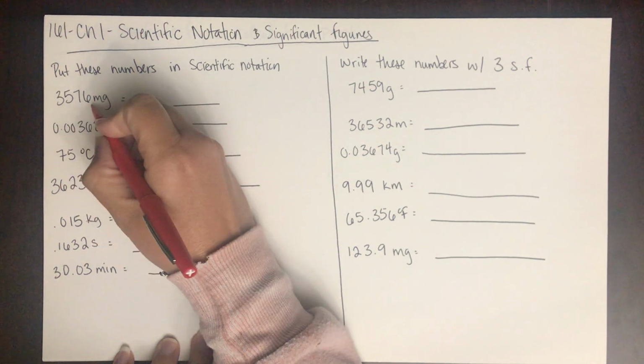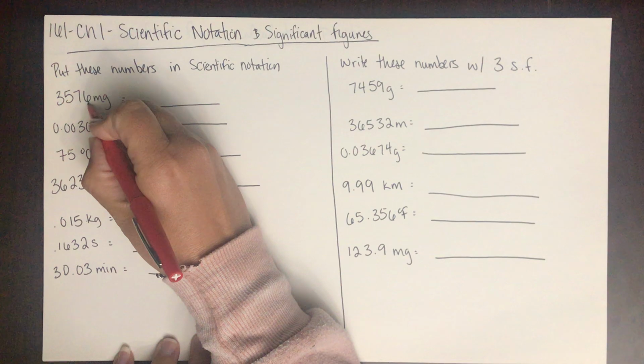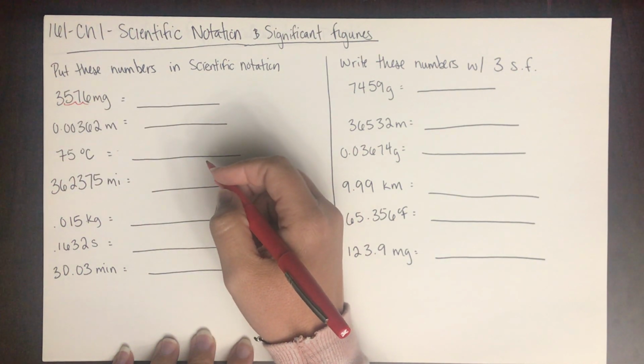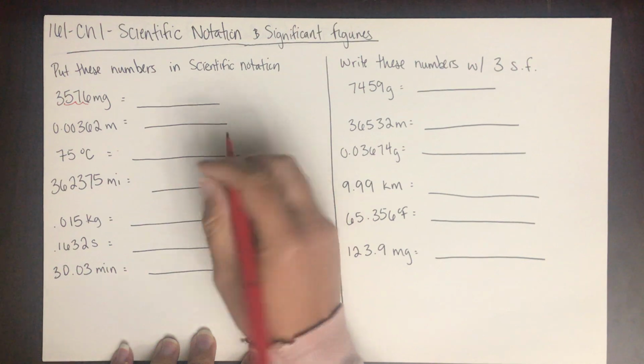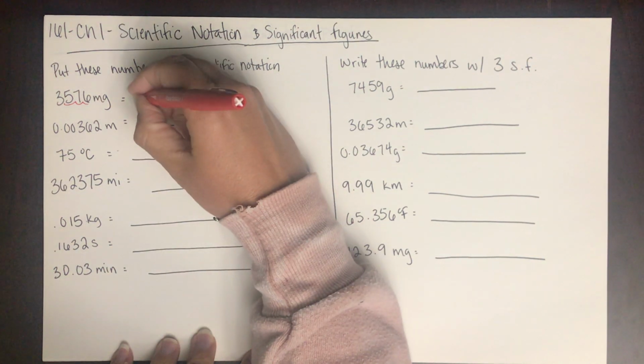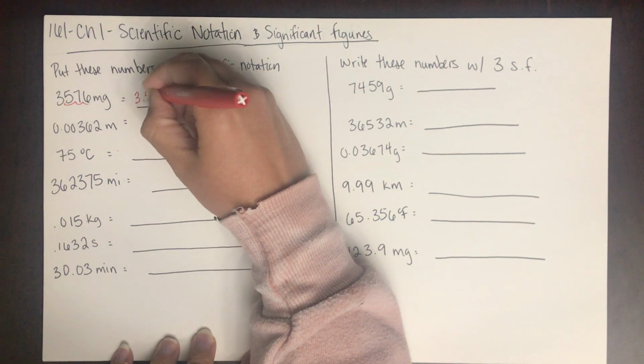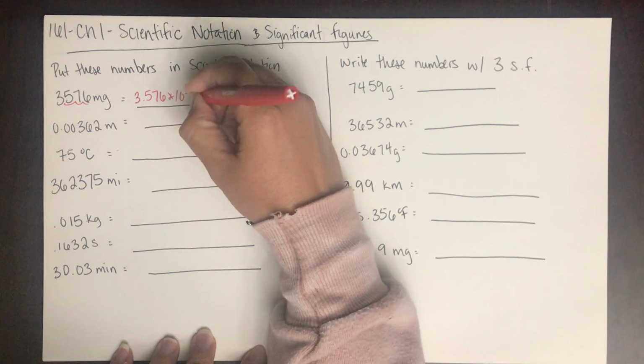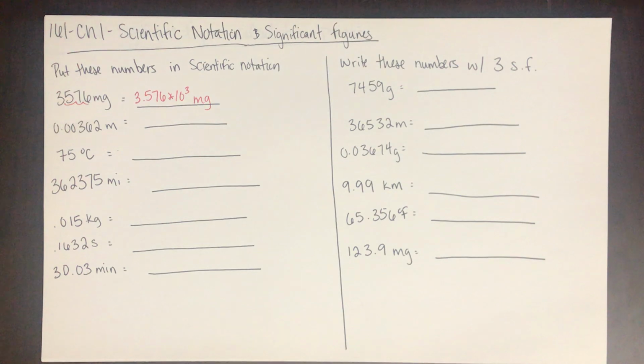So here's the decimal place right here. I'm going to move it 1, 2, 3 places to the left, which means this is a positive exponent. So my answer is going to be 3.576 times 10 to the third milligrams. So that's that number in scientific notation.